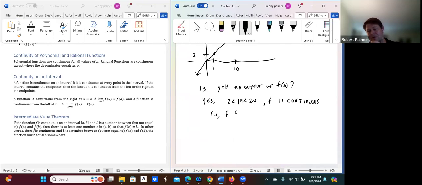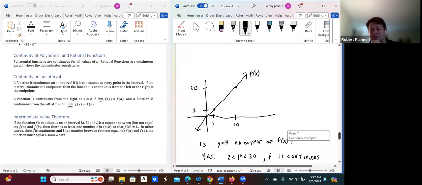So f goes through every y value between 2 and 20. Okay.